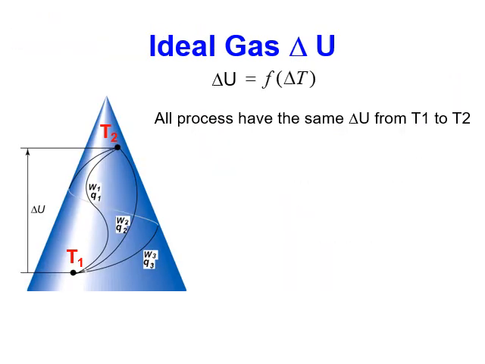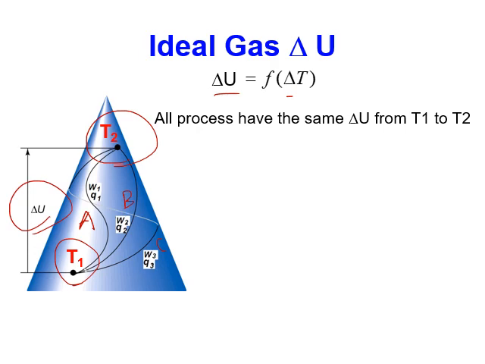We just showed that internal energy is a function of temperature, and so we can calculate internal energy if we know the temperature change. Now let's assume a change from initial temperature T1 to T2. This can go along several different paths: path A, path B, path C. So how do we calculate delta U?